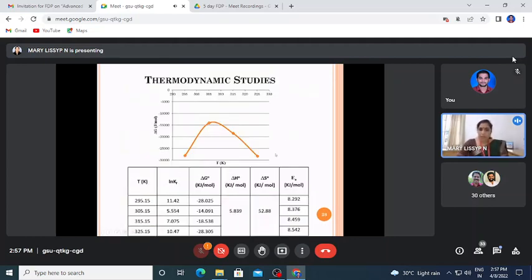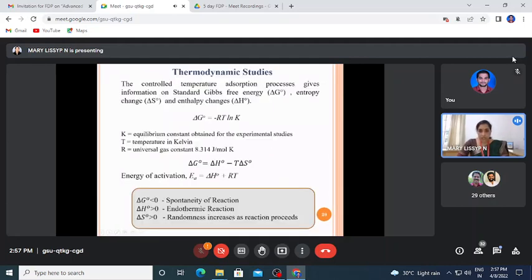For an example, I've shown this graph and table. In this graph, you can see delta G drawn with temperature. In the table, with respect to each temperature, you can see the delta G degree value, enthalpy change, entropy change, and energy of activation. As we mentioned in the previous slide, if delta G degree is less than zero, that means a negative value.